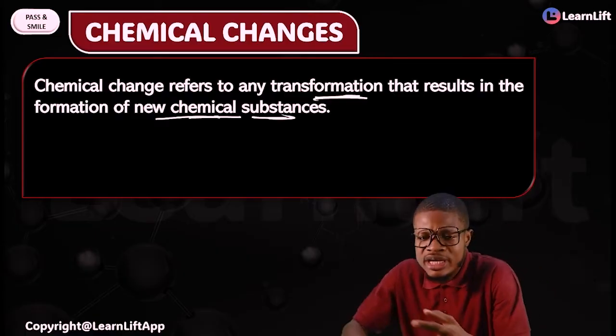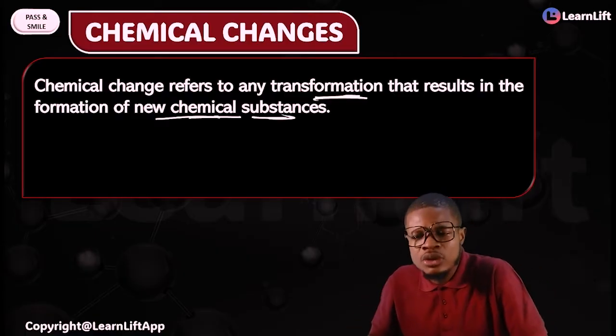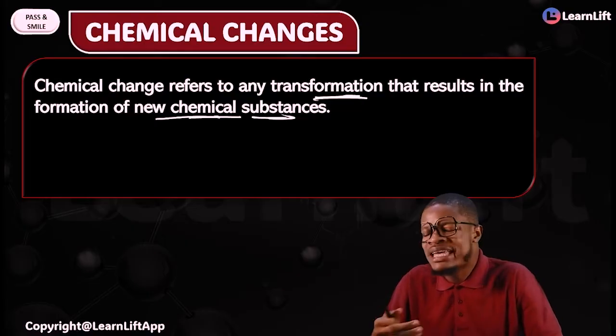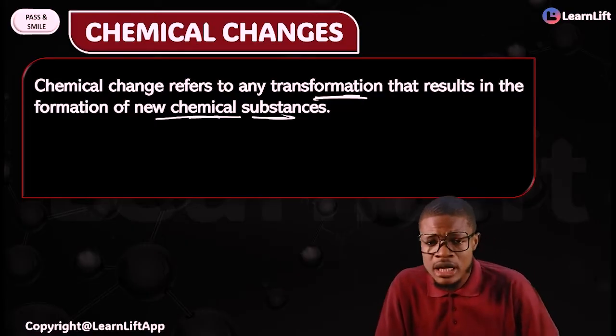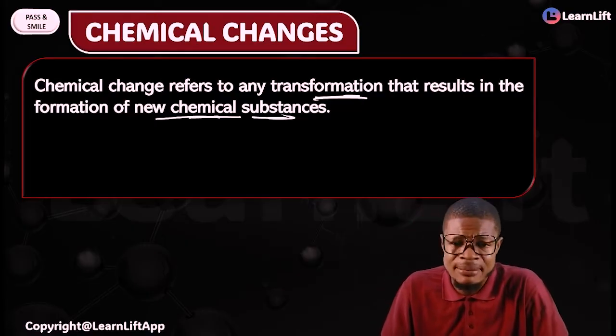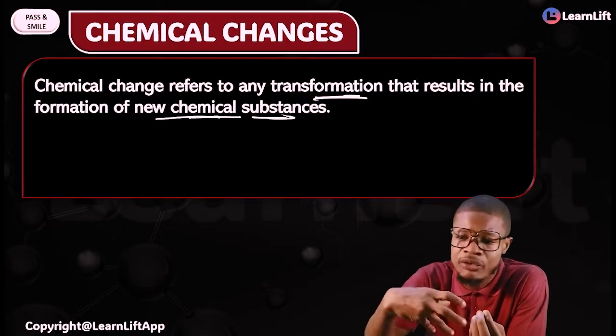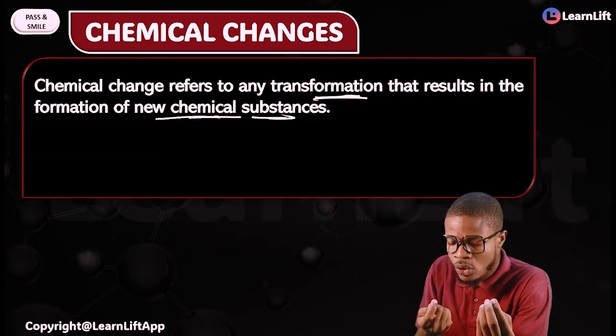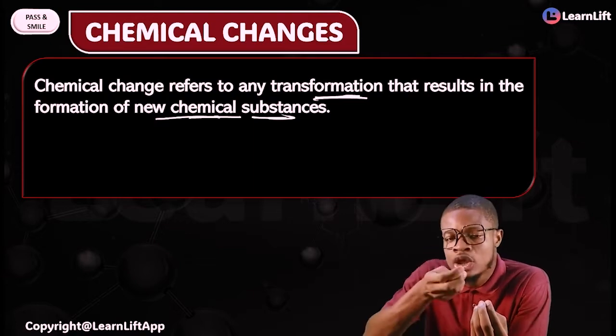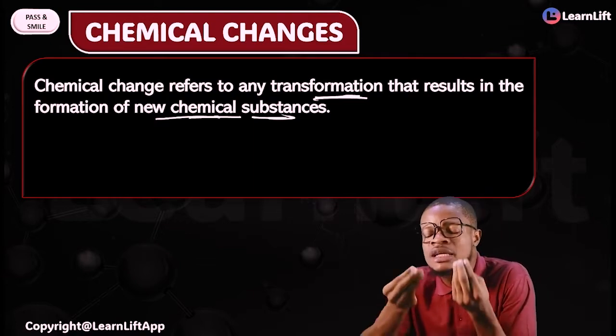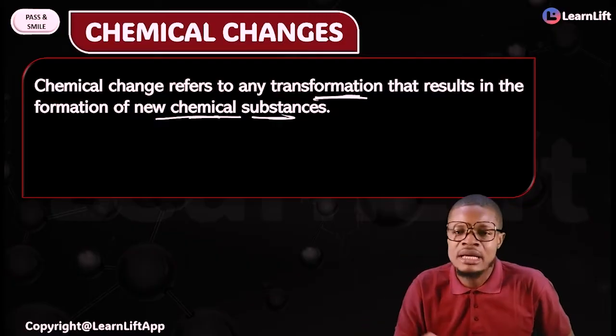So those transformations that lead to the formation of new chemical substances are called chemical changes. For the last time, what are chemical changes? Chemical changes refer to any transformation that gives rise to the formation of new chemical substances.